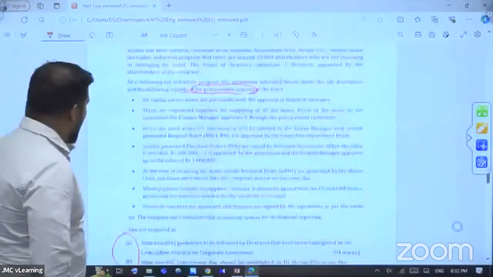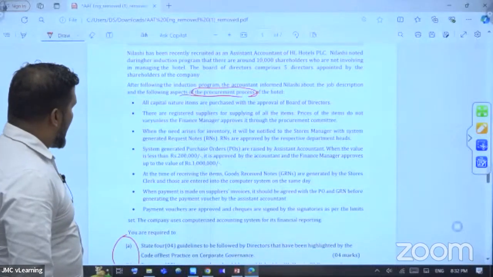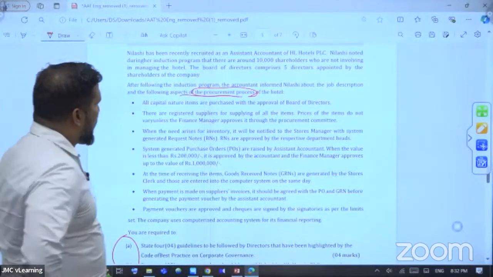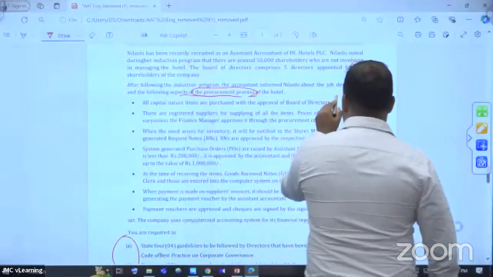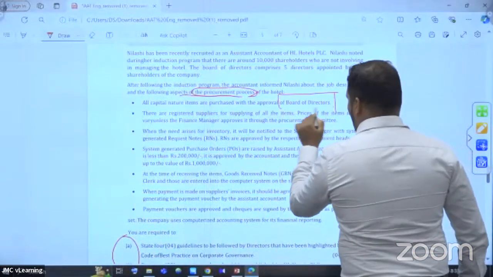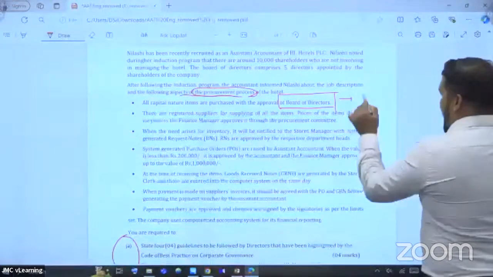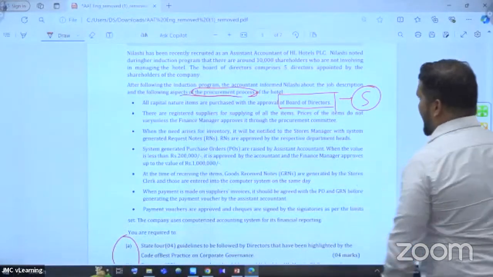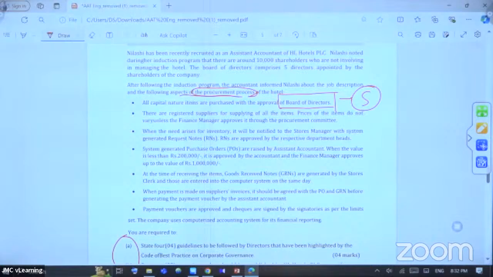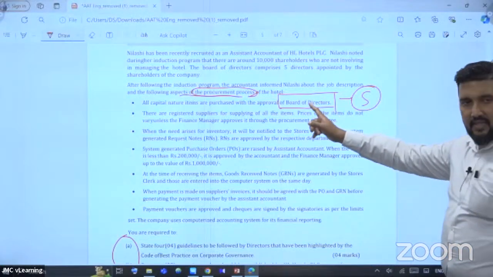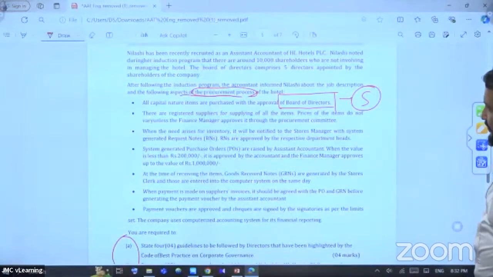Right. So we'll see. All capital nature items are purchased with the approval of the board of directors. It's a strength. Proper approval needs to be obtained when purchasing a capital nature item, so this is considered one of the strengths in this process.